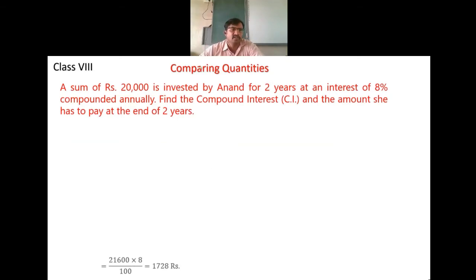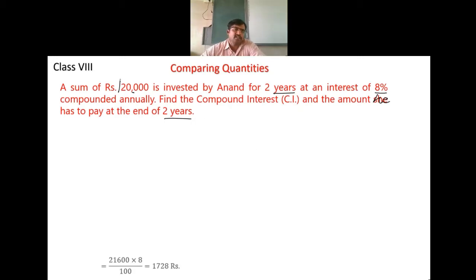Look at this question. A sum of rupees 20,000 is being invested by Anand for 2 years at the rate of 8% compounded annually. Find the compound interest and the amount he has to pay at the end of 2 years.